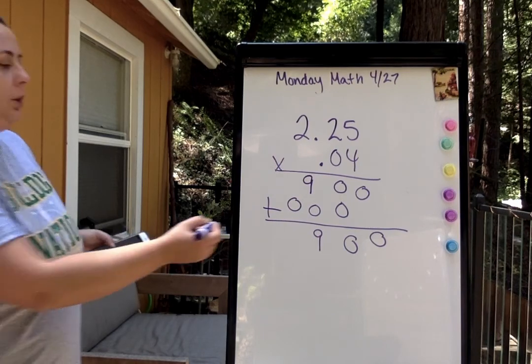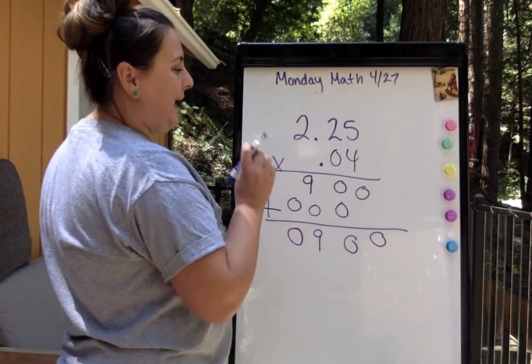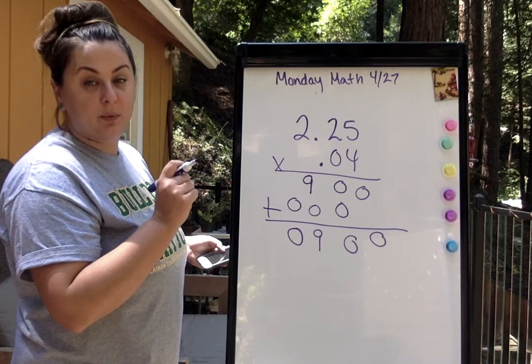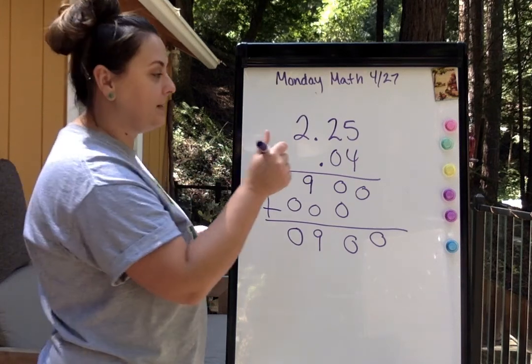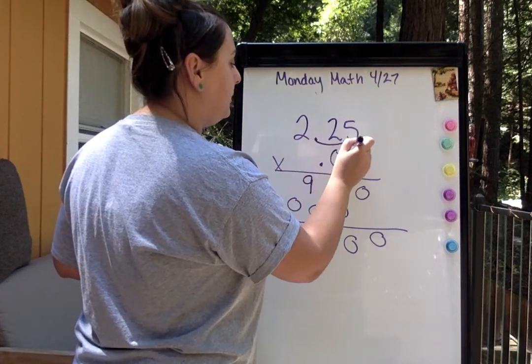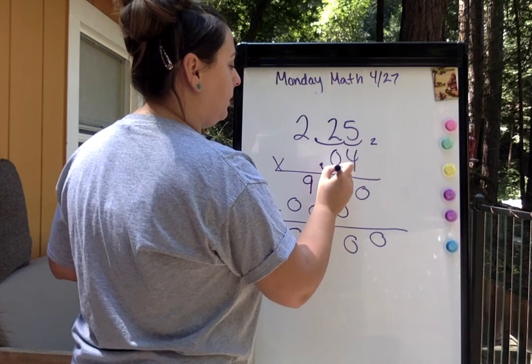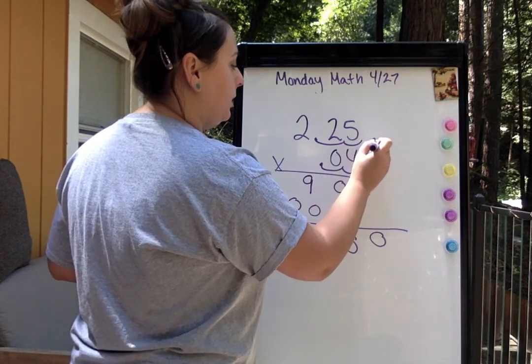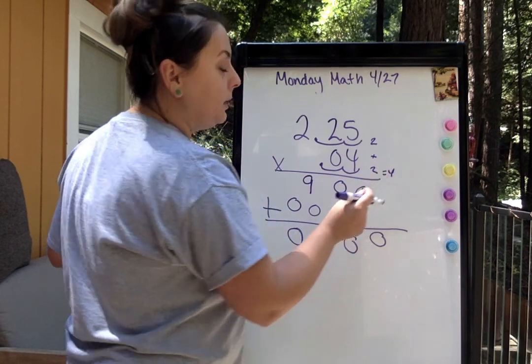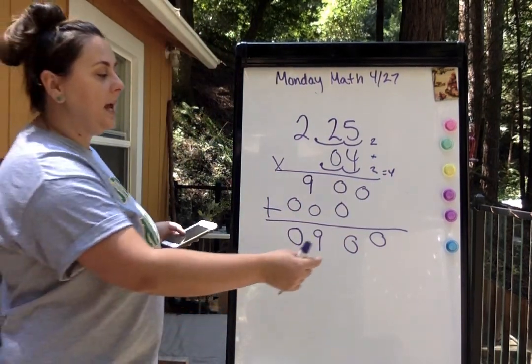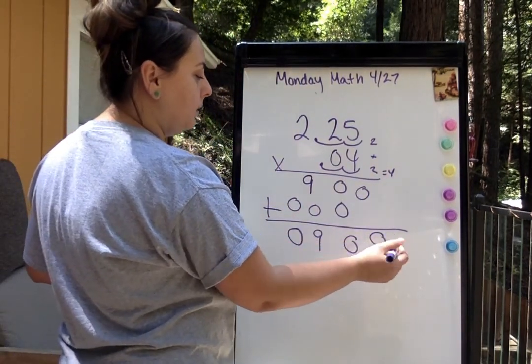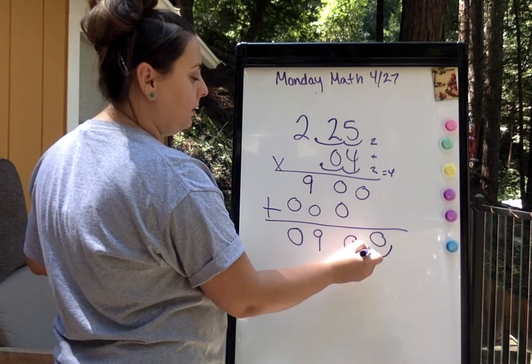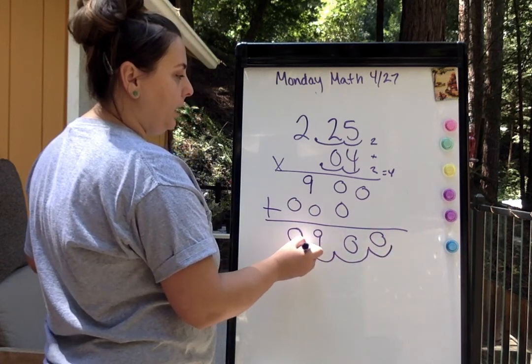Now, you're going to want to count the number of decimal places to the right of the decimal. So we've got 1, 2 here, and 1, 2 here. 2 plus 2 is 4. That means we're going to start at the end of our whole number, and we're going to come over 1, 2, 3, 4.